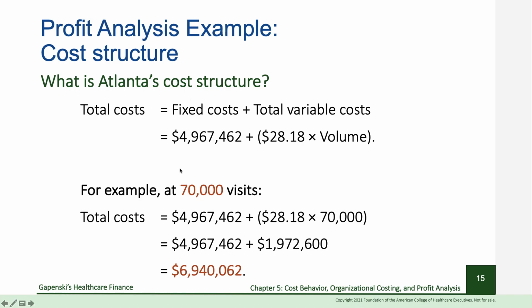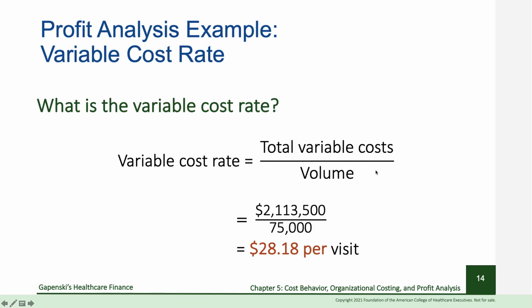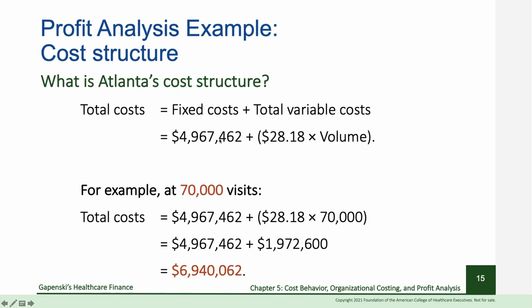Now, what is their cost structure? The total cost is an addition of fixed cost and total variable cost. The fixed cost, which we got from this slide, is $4,697,000. They forgot a comma here, but that's right here. And then the total variable cost is found by multiplying the variable cost rate with the volume. Now we are not talking about 75,000 visits that we saw earlier, but 70,000 visits.